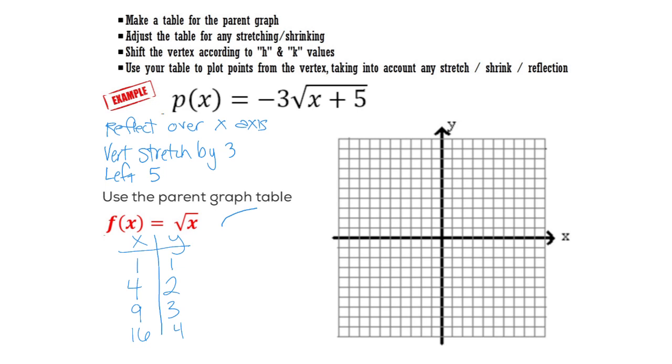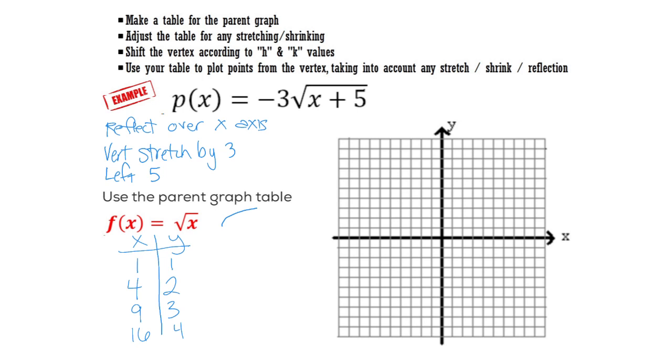All right, so we don't always need all of those, but sometimes it's helpful to get to that 16, 4 number. All right, so now what I'm going to do is I'm going to recognize that, all right, this is a reflection over the x-axis. So this sideways parabola thing that I'm thinking is actually going to reflect and be upside down, and it's really going to be on the bottom part instead of on the top part of that. Okay, so let's keep that in mind.